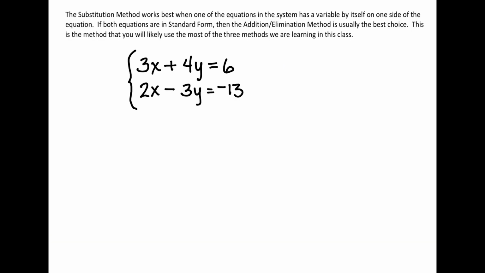Okay, let's say you had this system you see. No way would I want to graph that, right? If I had to cover up x and solve for y, I'd get a fraction. If I covered up y and solved for x, I'd be okay. On the bottom one, fraction, fraction.